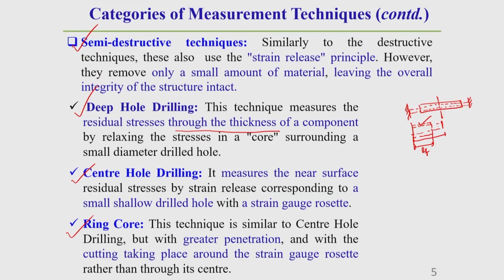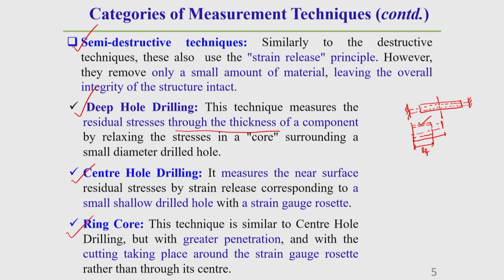Especially for deep hole drilling techniques, we use a mechanical type of strain gauge. How it works, I will discuss in detail in a subsequent slide. This is done by releasing the stresses in a core surrounding a small diameter drill hole.